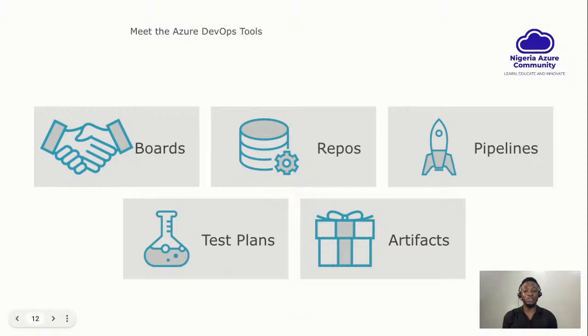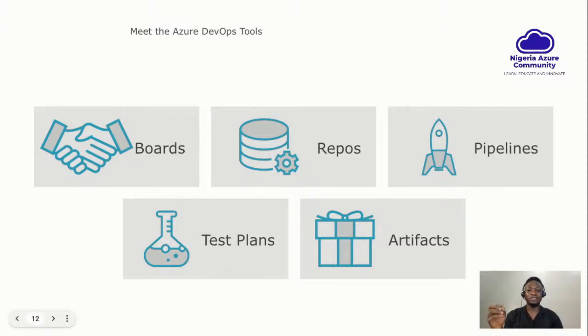So for every project where you need to implement DevOps practices in order to achieve an efficient workflow, Azure DevOps would bring all of this together and help with the technological implementation of each of these processes. Azure DevOps covers the entire software development lifecycle from end to end.